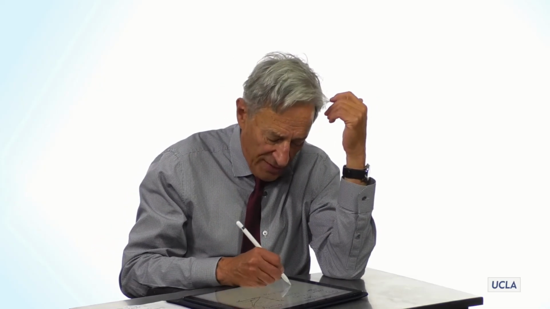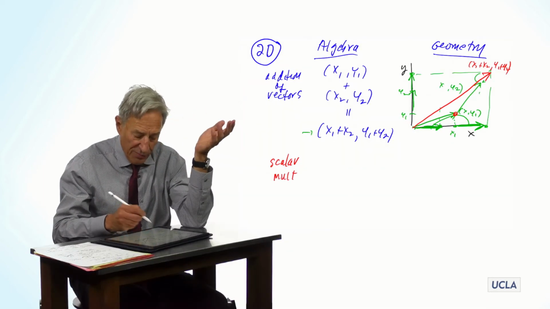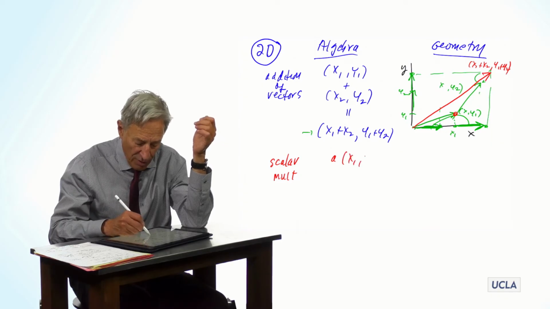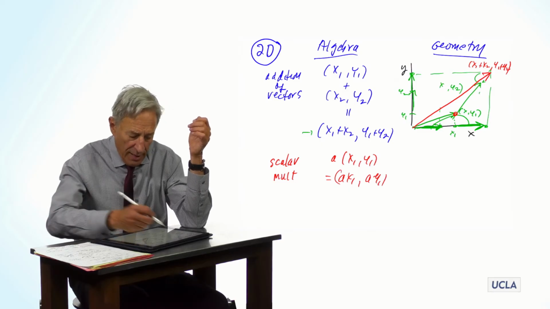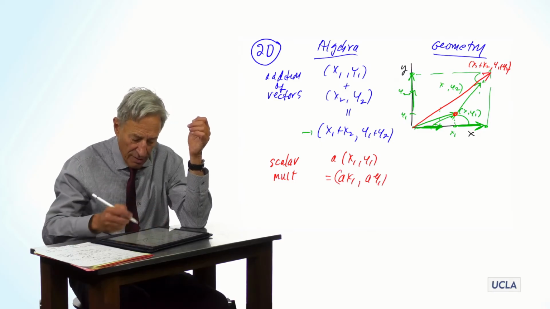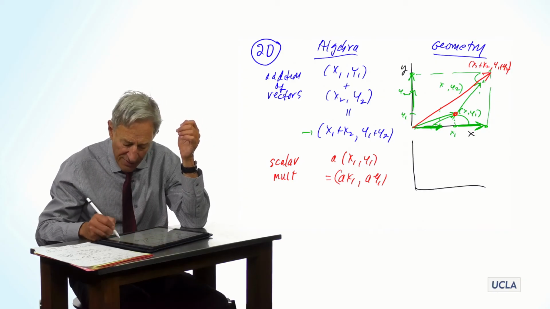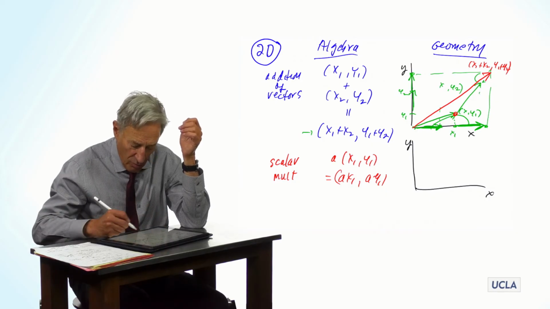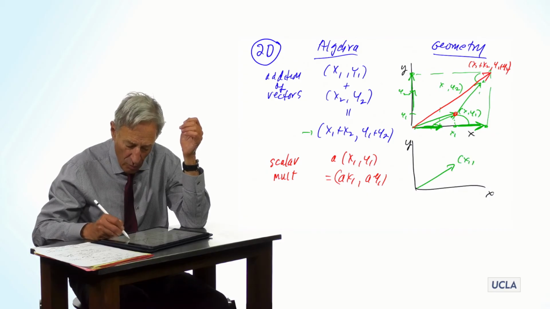What about scalar multiplication? Well, as we saw algebraically, a times x1, y1 is equal to ax1, comma, ay1. And geometrically, what that amounts to is, again, taking the xy axis and taking our vector x1, y1.